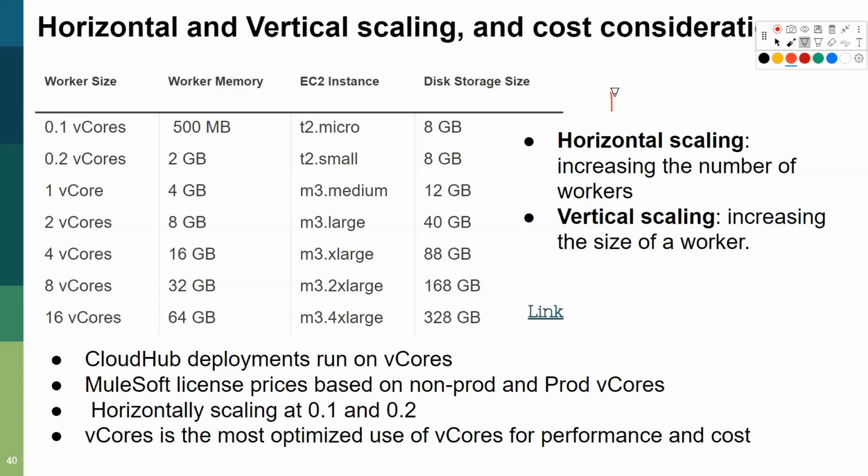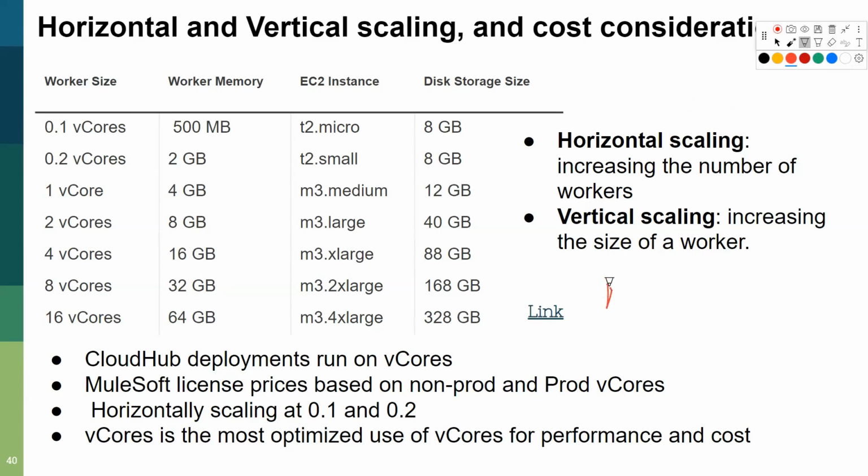So horizontal scaling means you have this one initially, it is 0.1 vCore. Now, if you have more of it, this is horizontal scaling. Whereas vertical scaling, if you have this one initially, let me make it smaller actually.